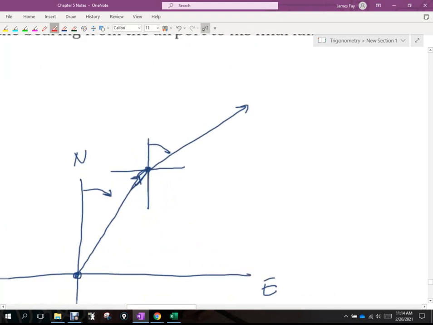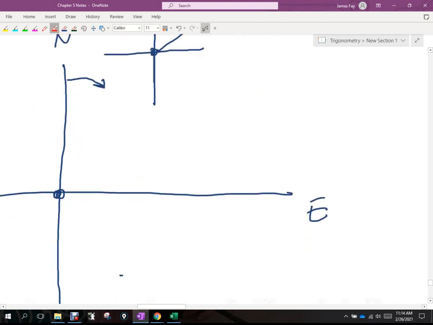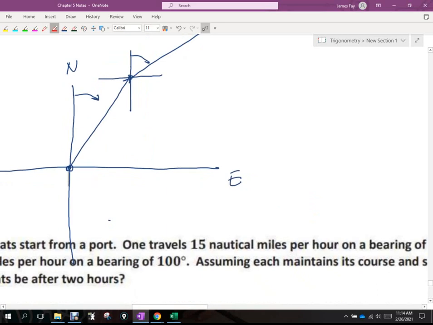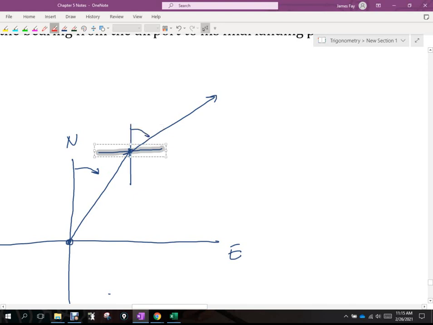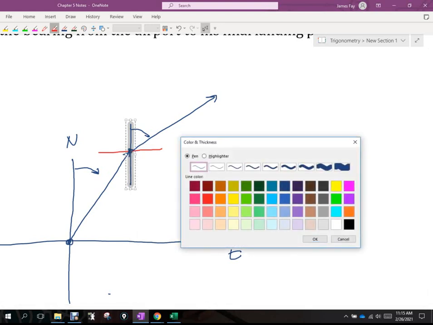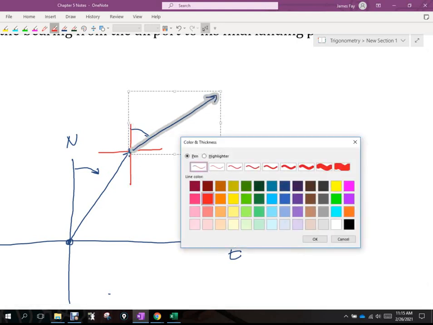Let me clean this up a little, zoom in, and change the colors here just to talk about them a little bit easier.